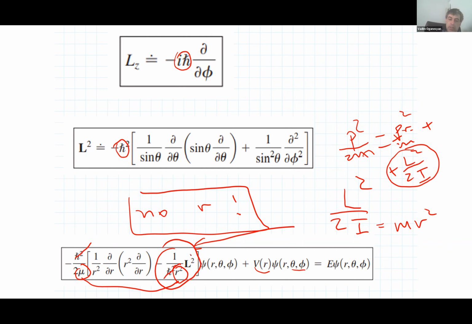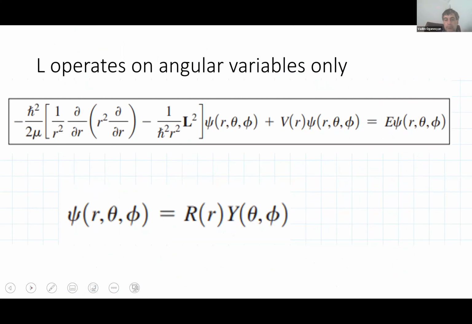And that means that the angular momentum problem, the problem that involves theta and phi, actually does not depend on this at all. And so what that means is that the problem is completely separable. And the full wave function psi of R, theta, and phi can be written as the piece that depends on R and the piece that only depends on the angles. Okay.